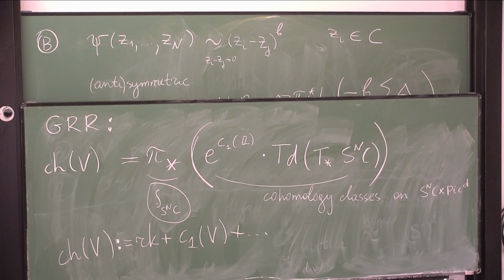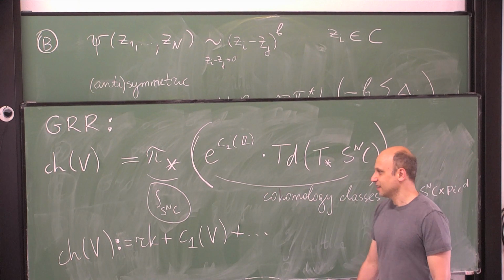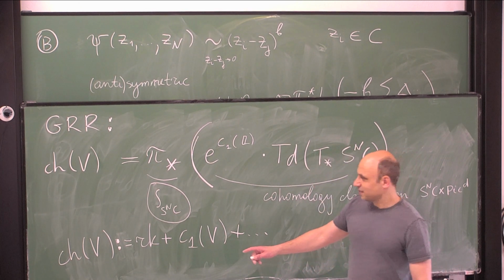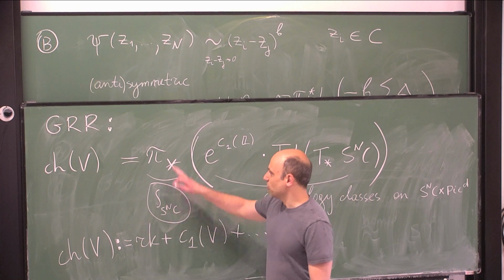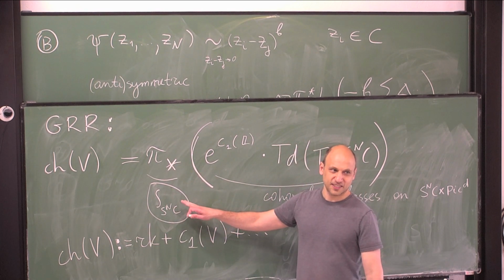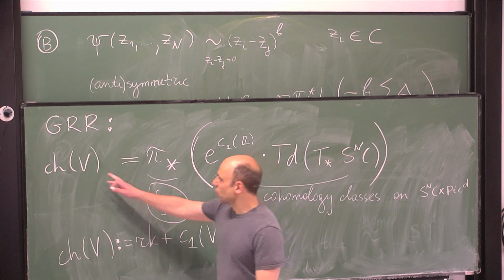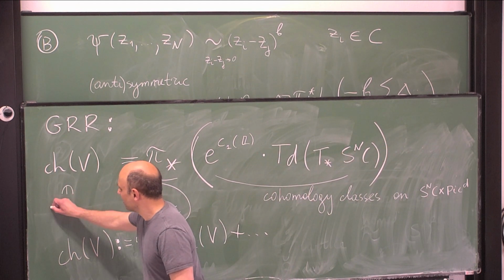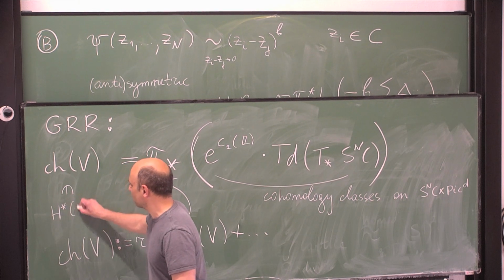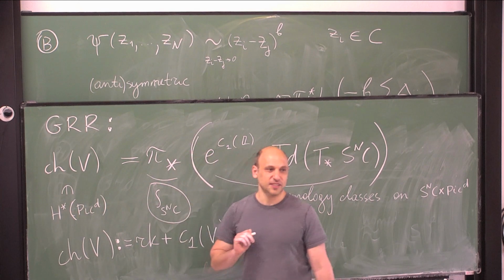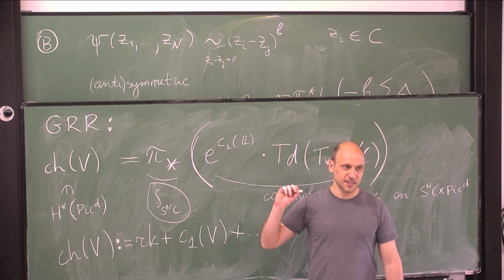Maybe you can explain the symbols one by one. The CH I understand. Okay. So push forward is fine. So this is a cohomology class in the space of fluxes.